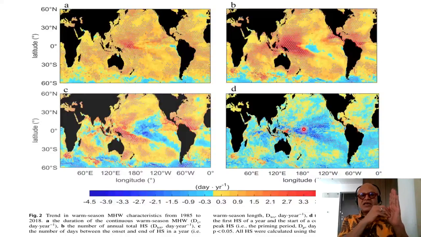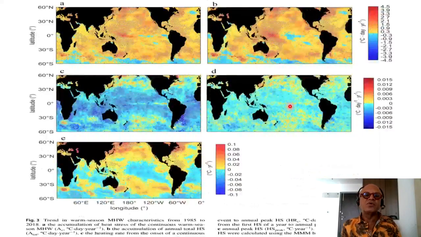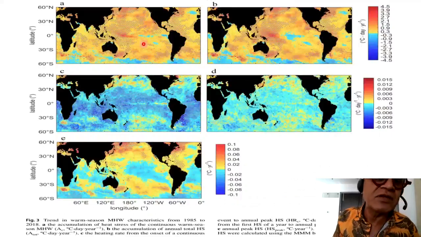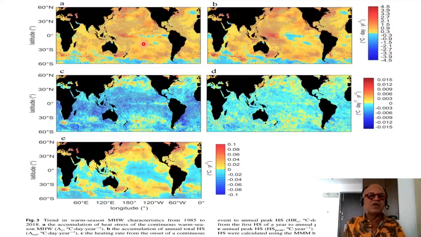There is nothing like a signal for priming the system, corals and other ecosystems, so they are getting hit because the warm season starts immediately. There are long duration marine heat waves according to this MMM threshold, where we are using maximum monthly mean values as the threshold. Okay, I hope it's clear.